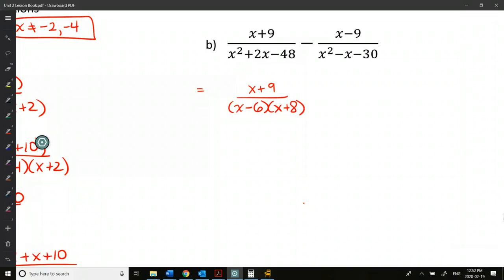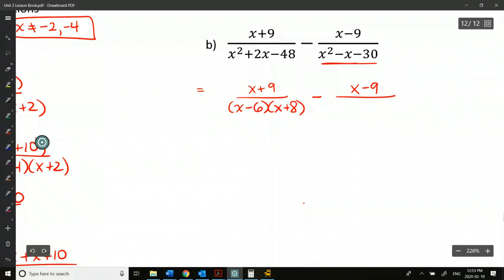Want to add to positive 2. Okay, and multiplies to negative 30, adds to negative 1. Looking at this one now. Negative 5 and 6. What combination of 5 and 6? Negative 6 and 5. Okay, perfect.